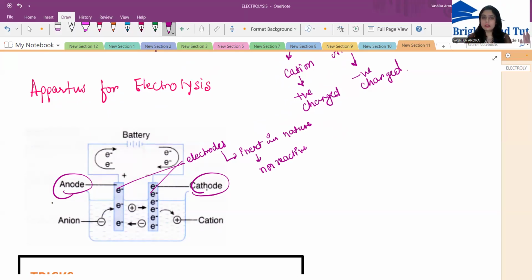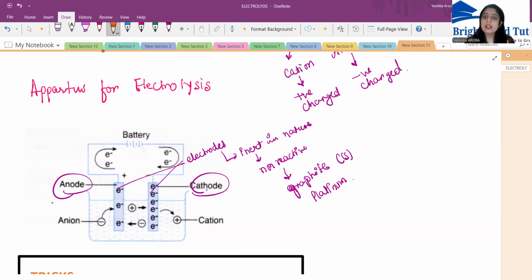You can take graphite, a form of carbon solid, or you can take platinum. Platinum is a noble metal that usually doesn't react. Platinum is a little on the expensive side, and graphite is the more economically viable electrode for us.